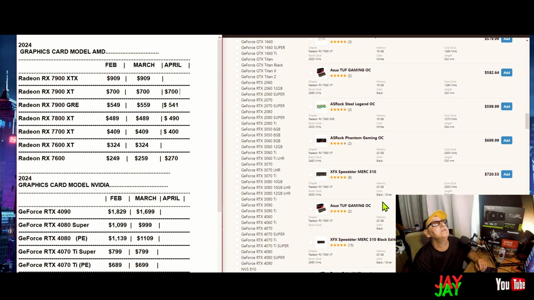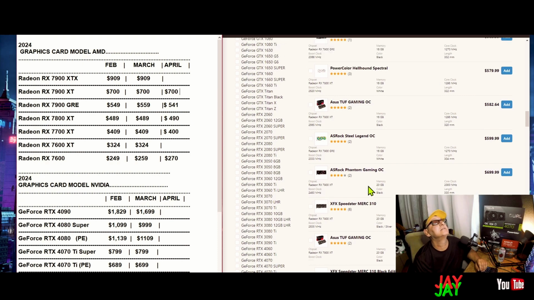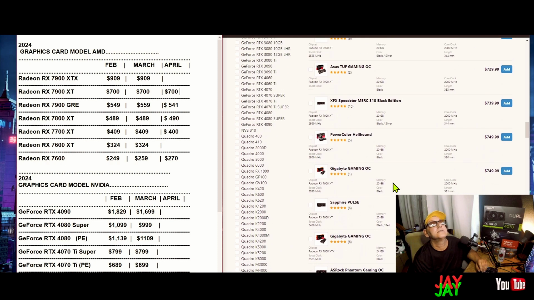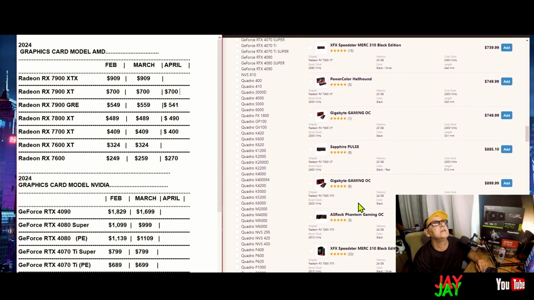Okay, 7900 XTX. Let's go. 7900 XTX is at $900. Okay, I know these prices are at the right mark, so I don't have to worry about that.